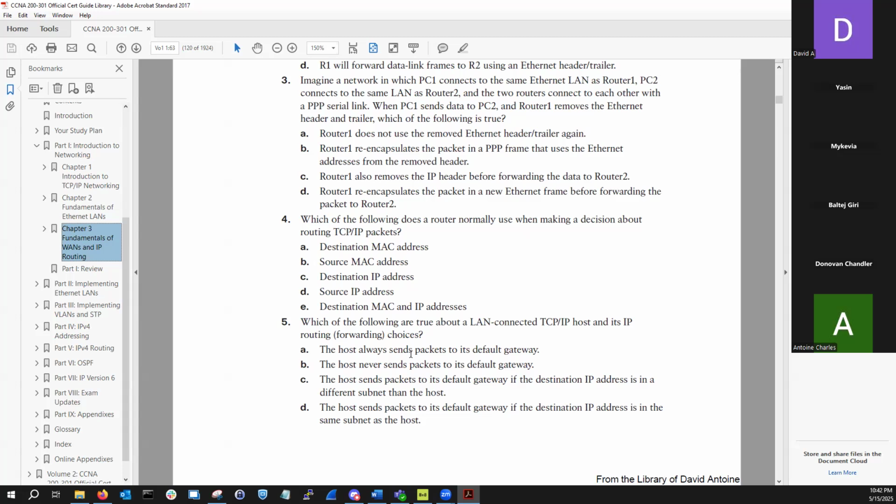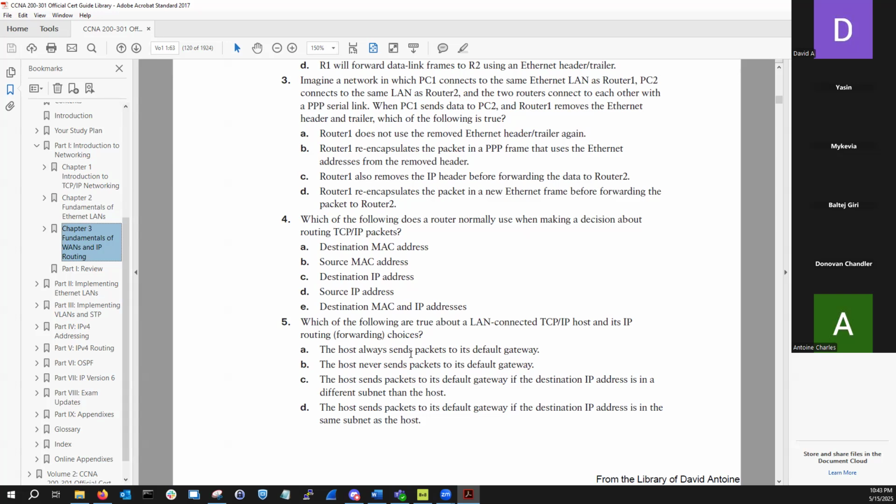A host means either a PC or a printer or a switch that has an IP address, or a router that has an IP address, as long as it's on a local area network. How does it make its forwarding decisions? The host always sends packets to its default gateway.